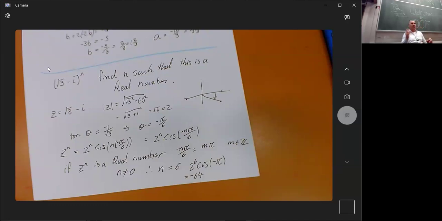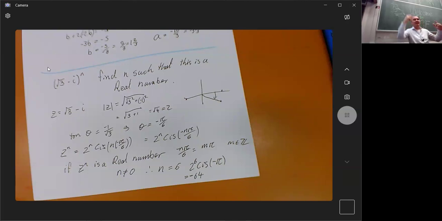because with my n times pi on 6 or minus pi on 6, I know if the angle is equivalent to either 0 or pi, plus some integer multiple of 2 pi, then that would be all right.